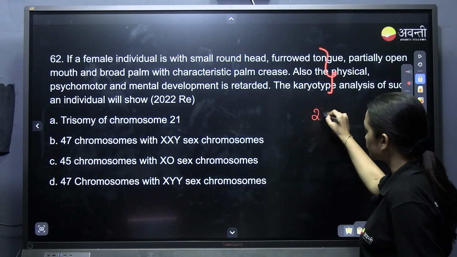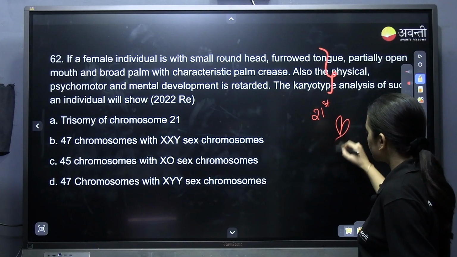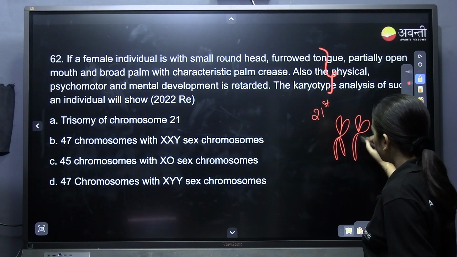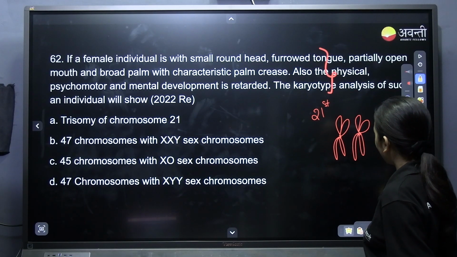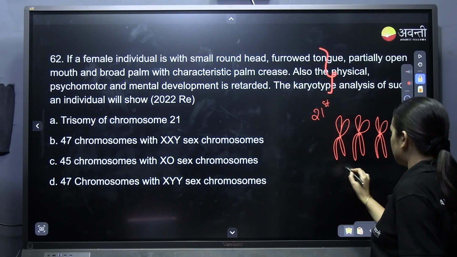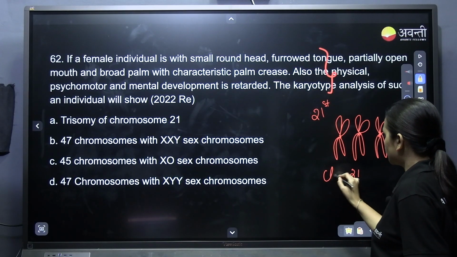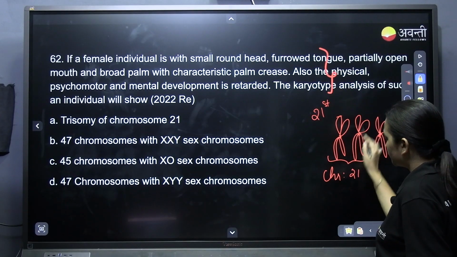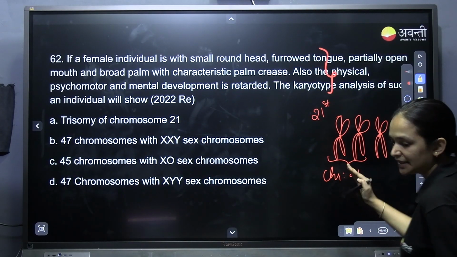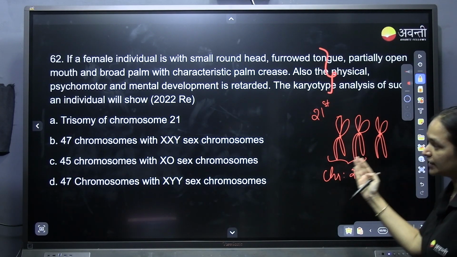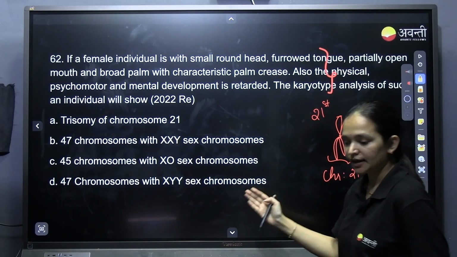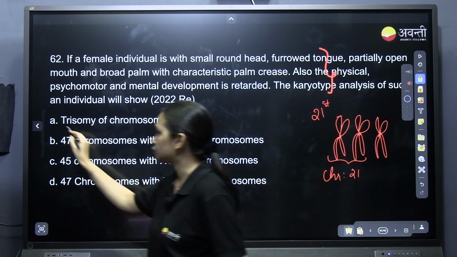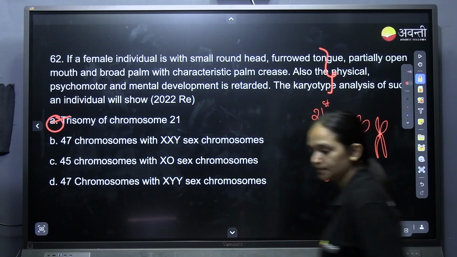There should be 2 copies of chromosome 21, one from father and one from mother, but they have 3. That is what we call trisomy 21. That is Down syndrome. Very good.